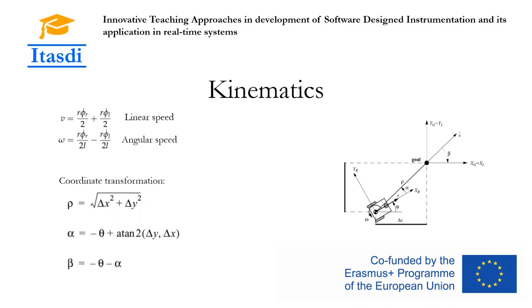In order to do closed loop control, we need to transform to polar coordinates, and we can transform the coordinates as shown on the bottom left of the screen. So you have rho, alpha, and beta coordinates. According to the picture, you can determine rho, alpha, and beta for every position of your robot.